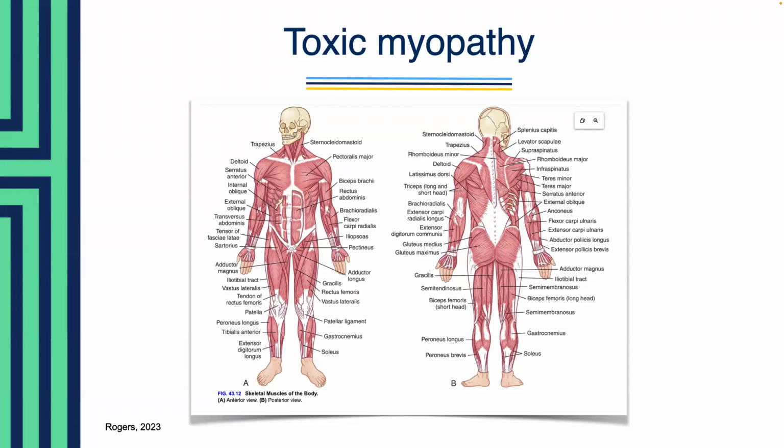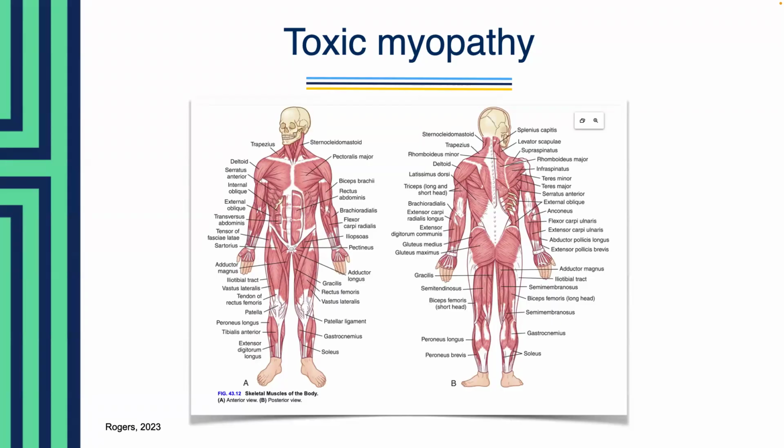Some of the diagnostic tests that we look at to evaluate this include serum creatinine levels, which we see elevated in muscle injury, electromyography to assess muscle fiber function, and a muscle biopsy to evaluate for necrosis or inflammation. And then ruling out other causes like nutritional deficiencies is important as well.